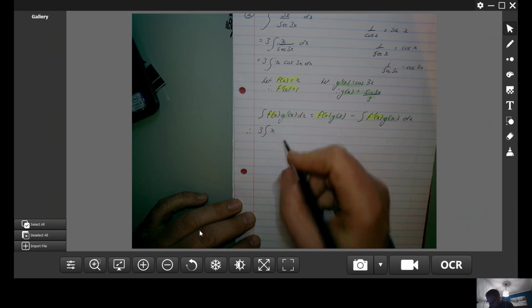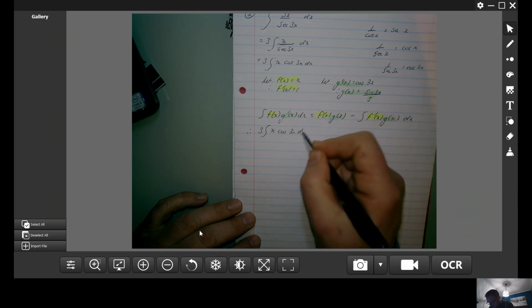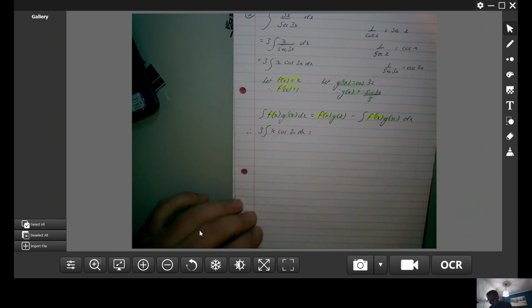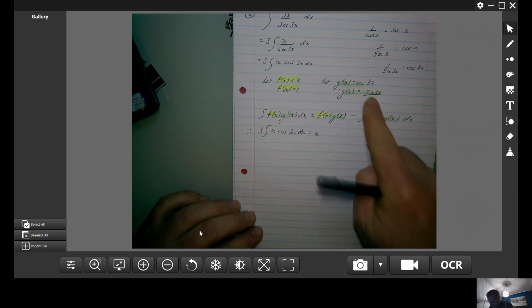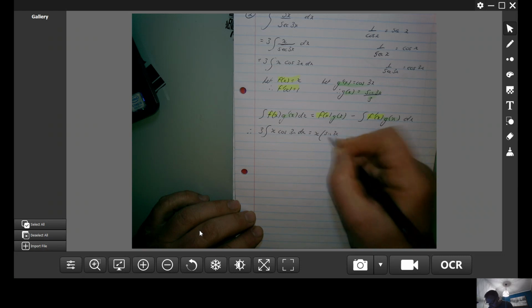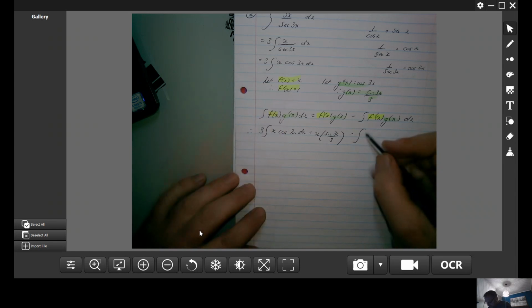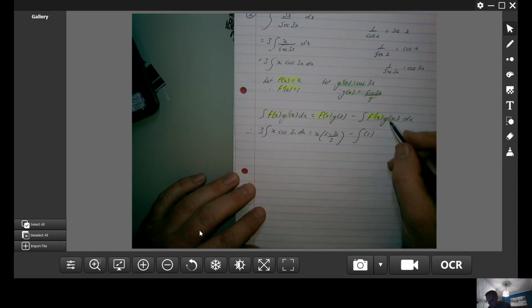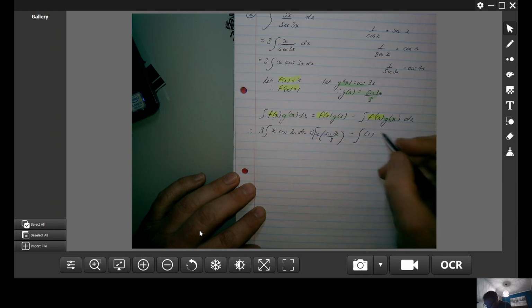is going to be equal to 3 times, so we're looking for 3x cos 3x with respect to x, is going to be equal to, okay, f(x), which is x, g(x), which is sine 3x over 3, minus the integral f'(x) is 1, g(x) is sine 3x over 3, but this whole thing should be multiplied by 3.